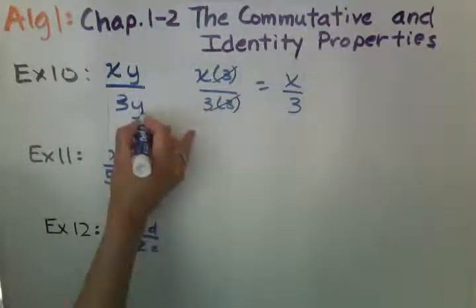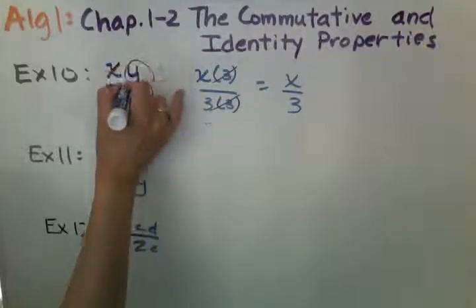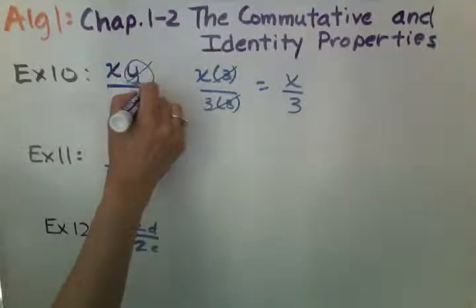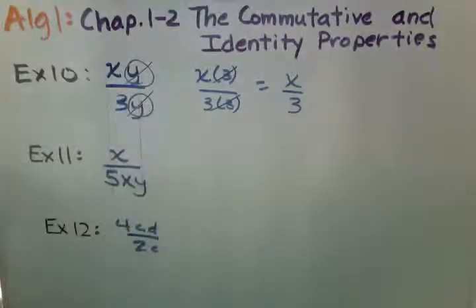That helps you understand why y divided by y cancels out, because it's the same value and you're left with x over 3. So substitute letters for numbers.